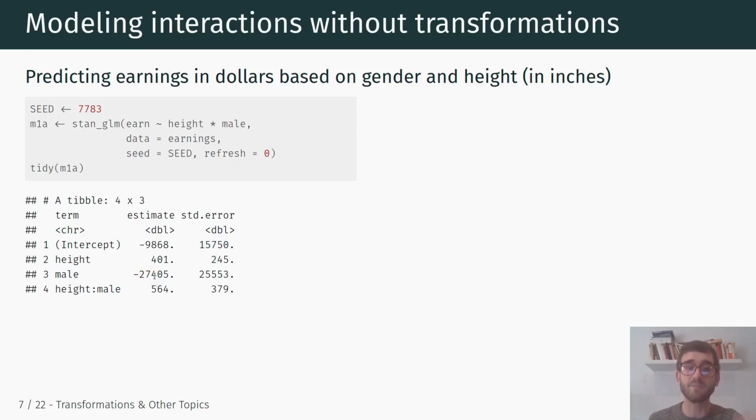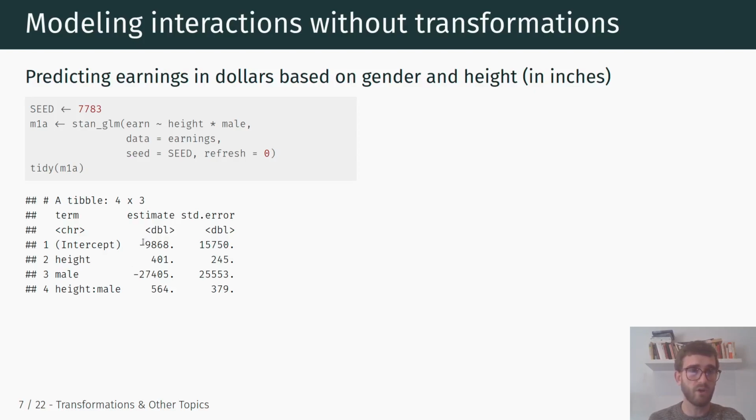Obviously, that's not the case, and we'll see in a second why that is a false conclusion, because ultimately, this negative coefficient is a projection outside of the range of observations that we actually have included in our dataset.